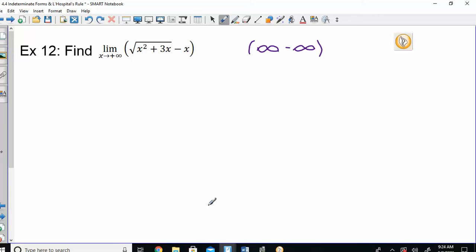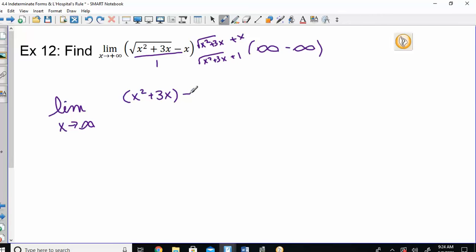Multiply by the conjugate. So this is over 1. The conjugate would be the radical of x squared plus 3x, plus x. And we're going to multiply that on top and bottom. So I get the limit as x approaches infinity, and I multiply those two, the radicals drop.